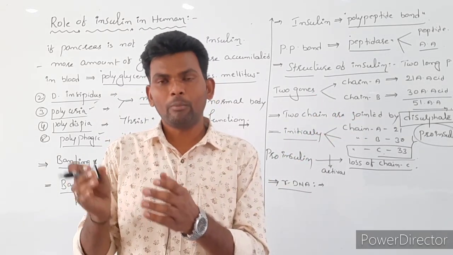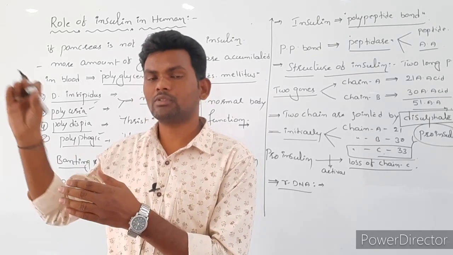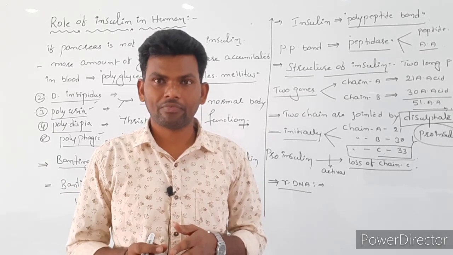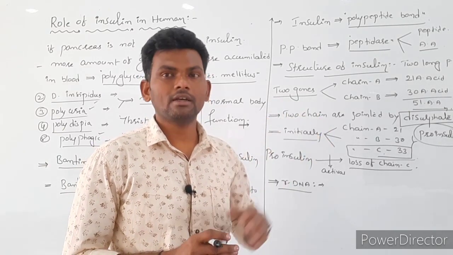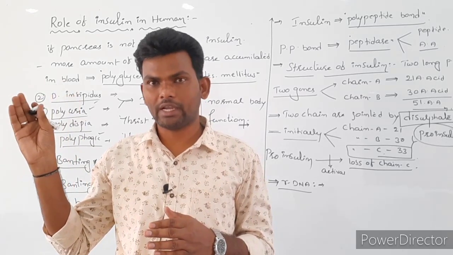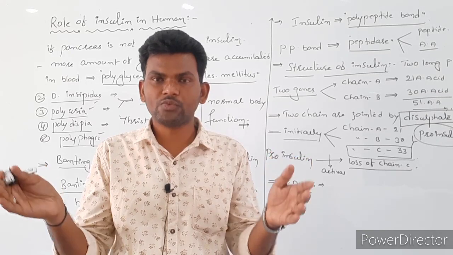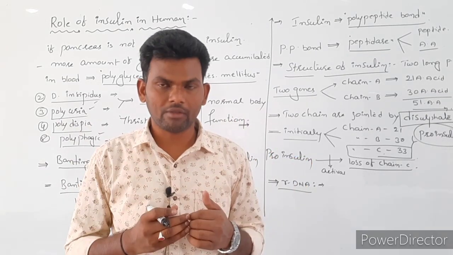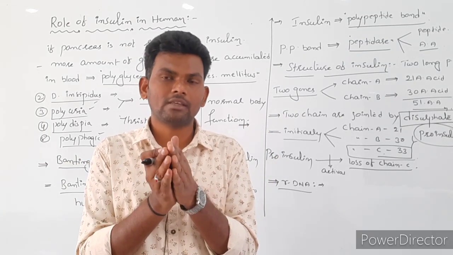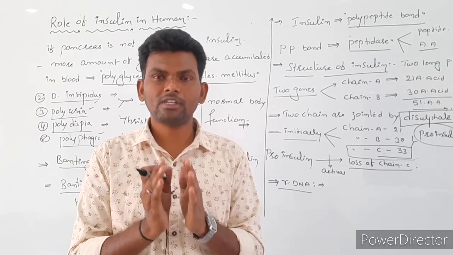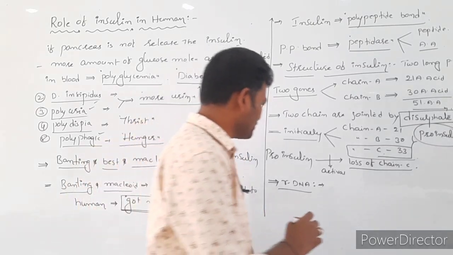And the same way, we isolate the B gene from chromosome number 11 and insert it into a second E. coli cell. Now the first E. coli cell produces chain A, and the second E. coli cell produces chain B. After separate production of these two chains, we isolate and purify them. After that, we join them with the help of disulfide bonds. Now it becomes insulin.